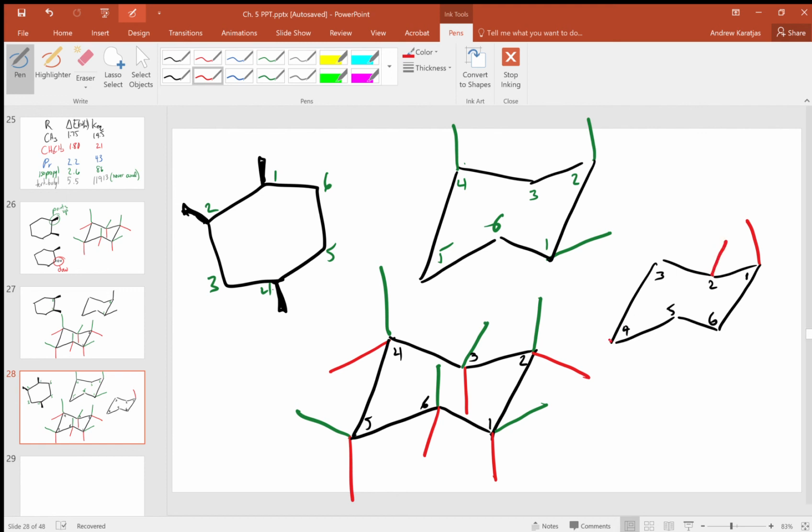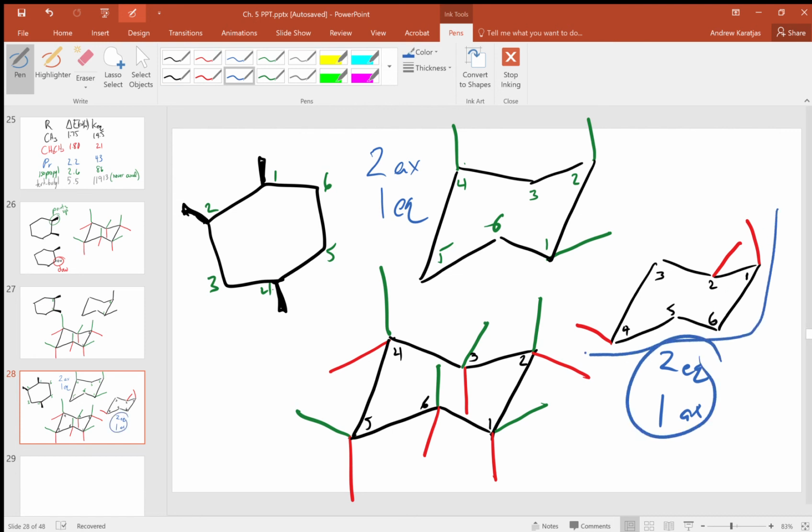And carbon 4 going up is also equatorial. So which one is better? Top one has 2 axial, 1 equatorial. The one at the bottom has 2 equatorial and 1 axial. More equatorial is better, and so this would be our most stable chair conformation.